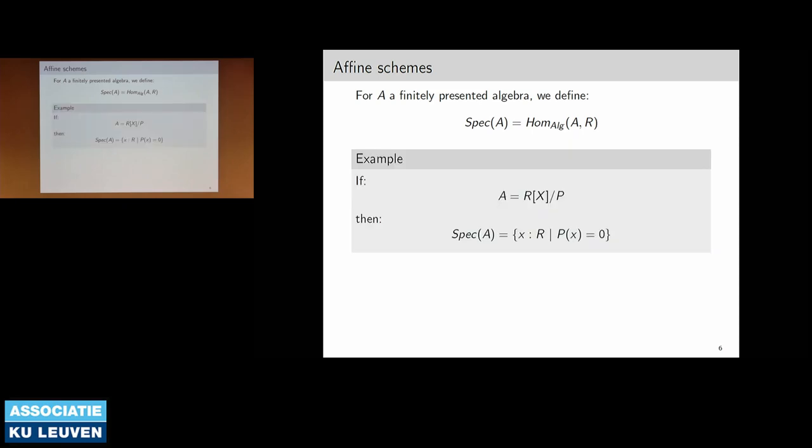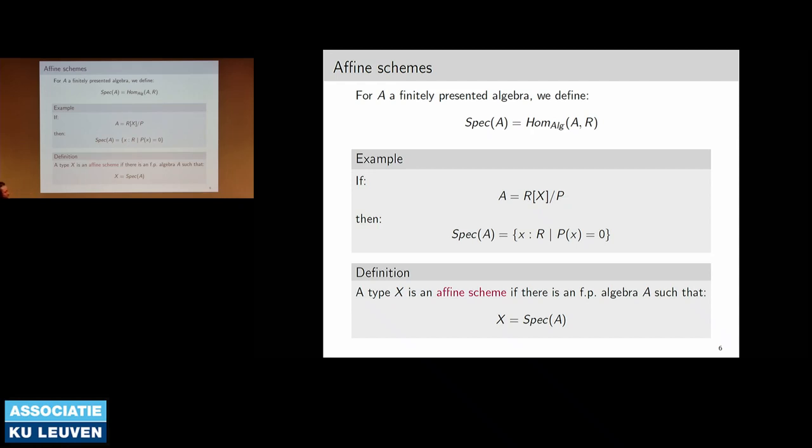Okay, so let's give a quick example. So say the algebra is the quotient of R[X] by a polynomial P in X. Then using the universal property of this algebra, one can see that the spectrum of A is actually the type of X in the base ring that are roots of the polynomial.